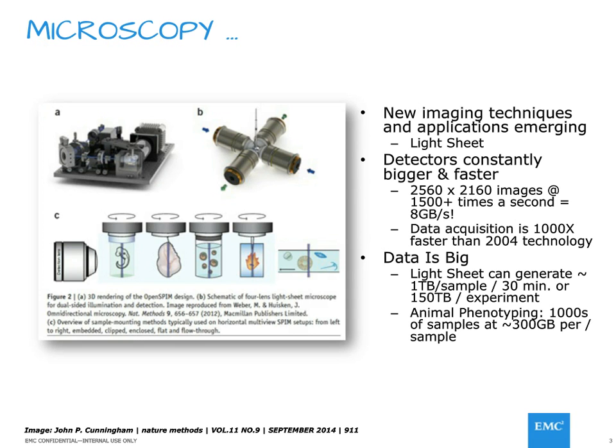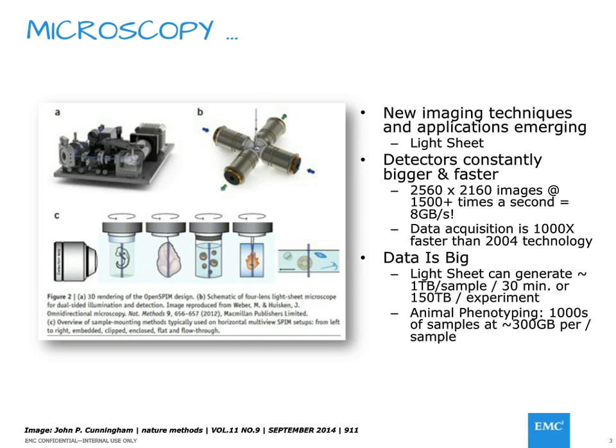Just like the trends with how the chemistries and the instrumentation are changing in next-gen sequencing, the same thing is happening in microscopy. It's about the detectors getting bigger and faster. Looking back about 10 years ago, data acquisition is about 1,000 times faster than it was back in 2004.